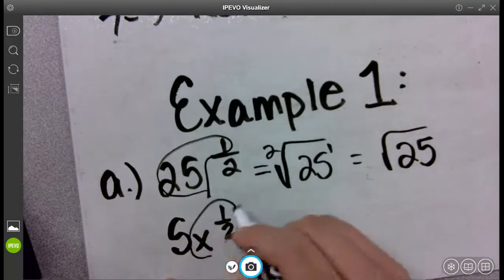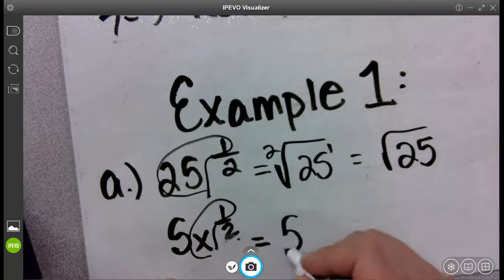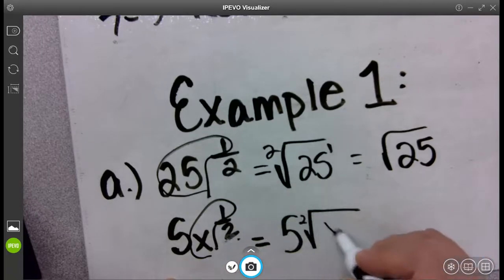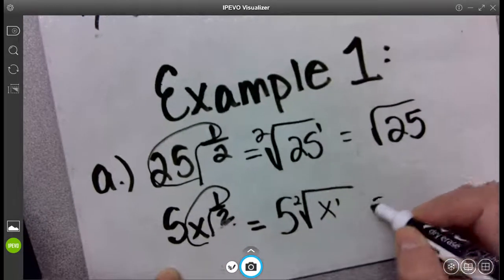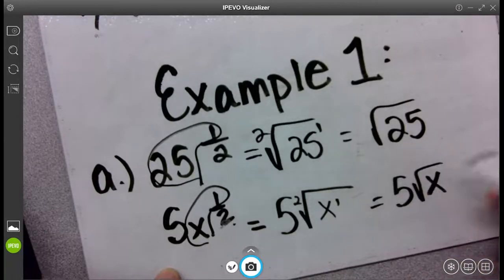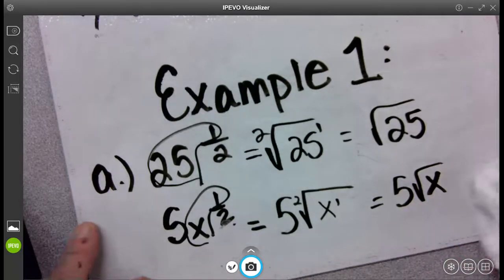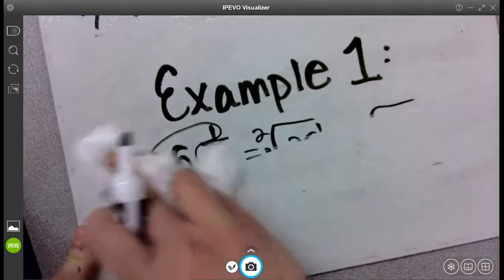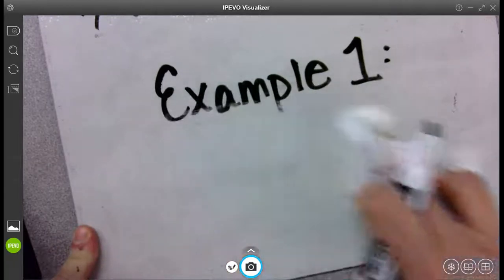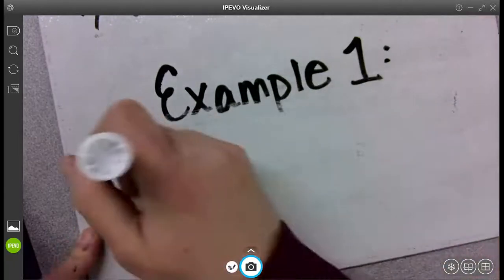So it would be x to the first square root, which is just 5 square root x. They're the same thing. They're just saying, hey, are you able to write it in different forms? Yes, you are. So that's taking a rational exponent and making it a radical.